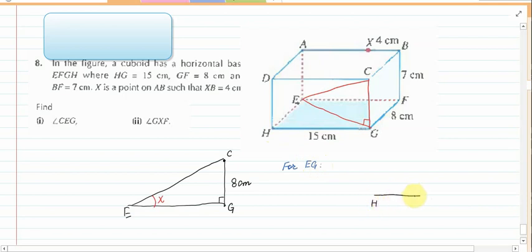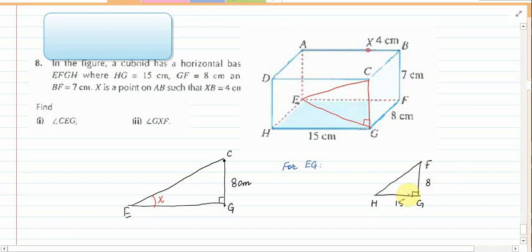On the same level we have a point G, and from G at 90 degrees we have a point F. And how did I know that the angle is 90? It's very simple, the base is rectangular, right? Now in this triangle the value of HG is 15 and the value of GF is 8, and I need to find the value of EG.